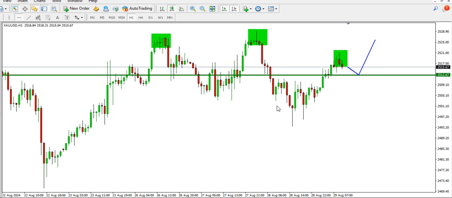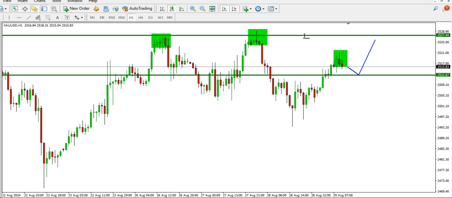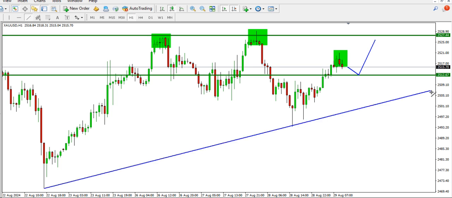We might see a higher low around there before we find a higher high that might tally with the recent resistance around here. Okay, but for now, the ascending trend line on the 1-hour time frame is still intact. This ascending trend line is intact on the 1-hour time frame.